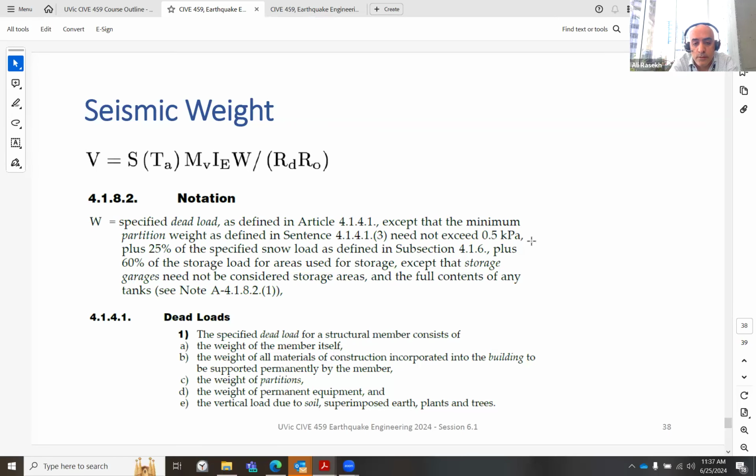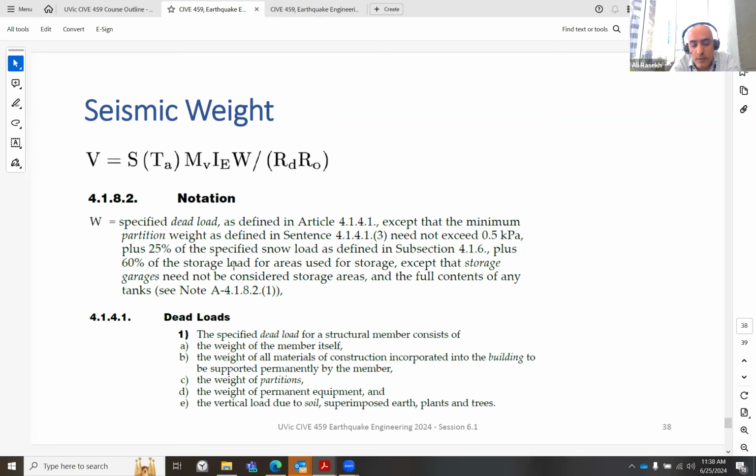So don't include every partition weight, just up to 0.5 kilopascal, plus 25% of the specified snow load. So include dead load, include 25% of the snow load, and 60% of the storage load.